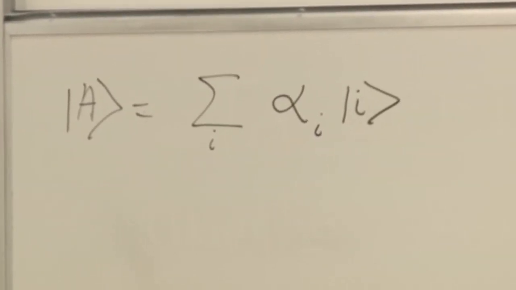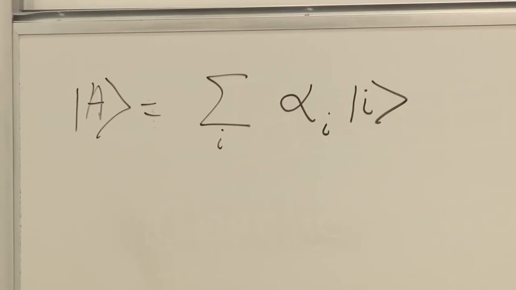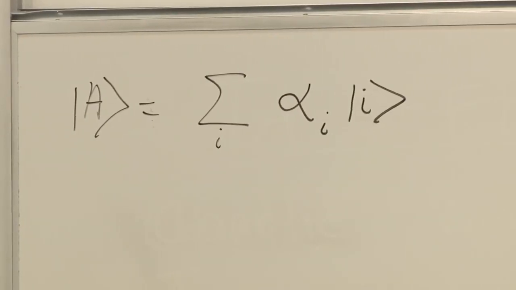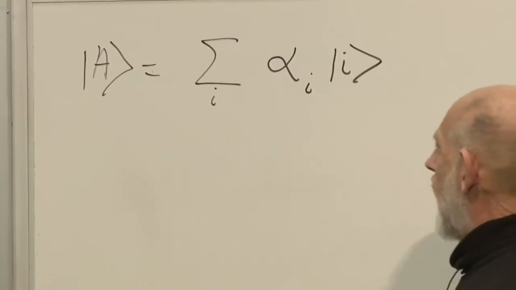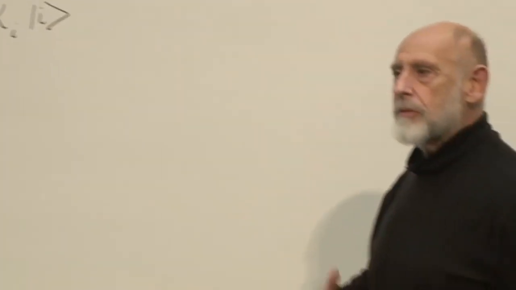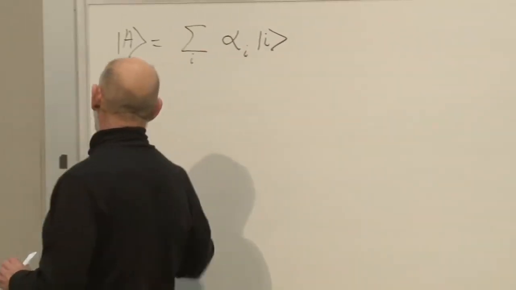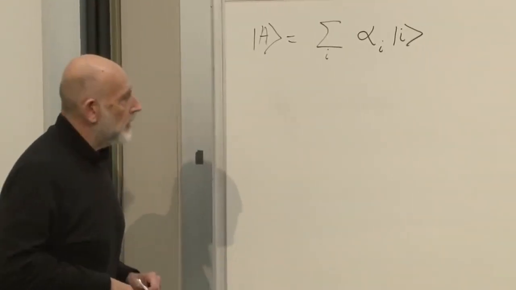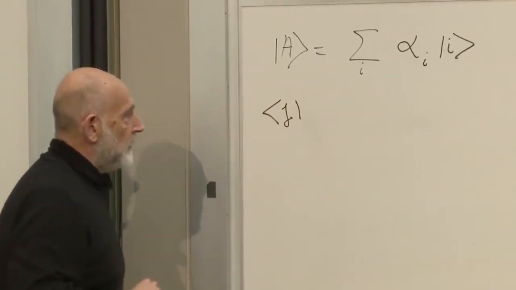This is a Ket representation, but now what we can do with this is take the inner product with it. I want to try to calculate these alpha sub i's in terms of some quantities involving the vectors themselves. So what we do is we take the inner product of both sides of the equation with the basis vector j, the Ket vector j.